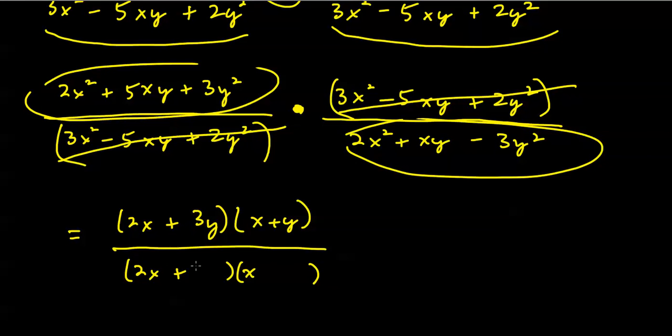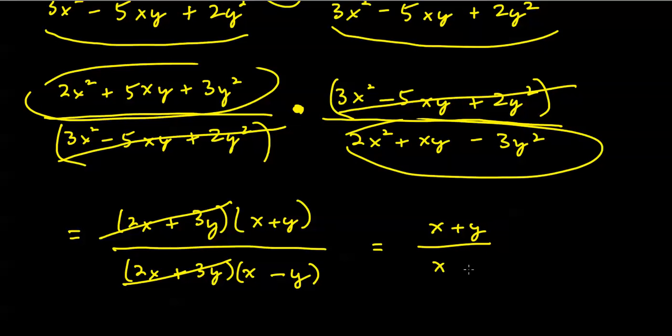I'll get 2x plus 3y times x minus y. Yes, that works. And of course, I can now see a common factor of 2x plus 3y top over bottom. Alright, so I'm left with x plus y over x minus y. Alright, this is my final answer.